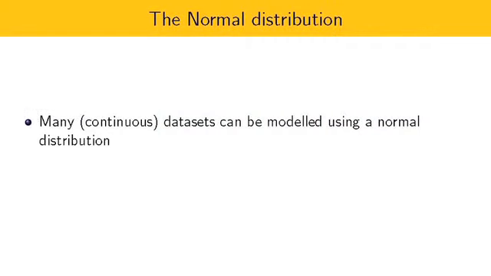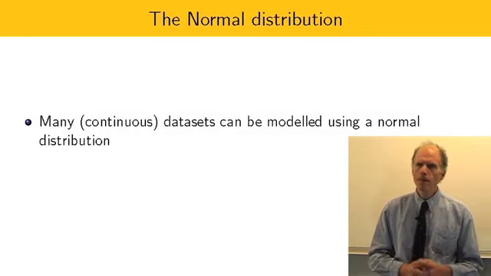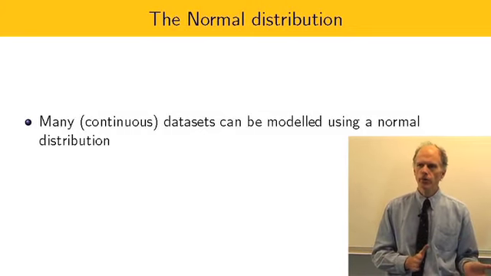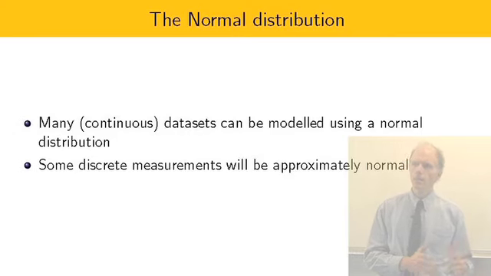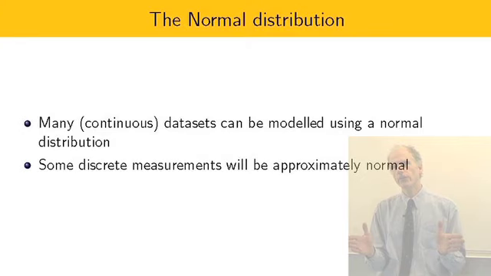So the normal distribution, first topic, is used for many data sets. Many continuous type data sets have a nice bell-shaped curve which we can successfully model with a normal distribution. We also have the case that many discrete data sets can be modeled by a normal distribution, and this occurs where you have a very fine resolution of data.